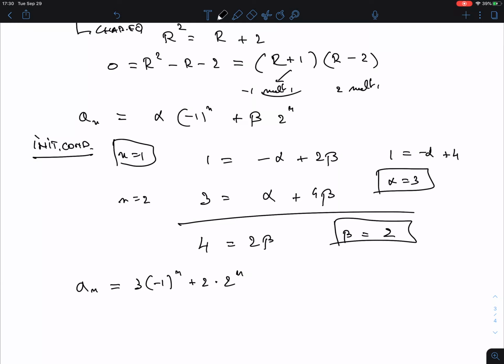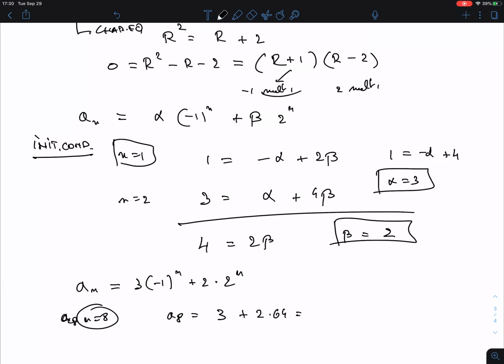And so, for instance, how many ways can I do, let's say, 8 cents? It's not much, right? I mean, there's no letter that is worth 8 cents, so, okay, how many possibilities do I have? Well, A8, that is minus 1 to the power 8, that is plus, so 3, plus 2 times 2 to the power 8. 2 to the power 8, that is 4 to the power 4, that is 8 to the power 2, that is 64.